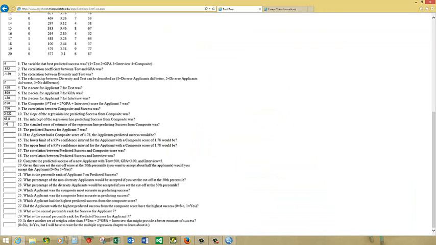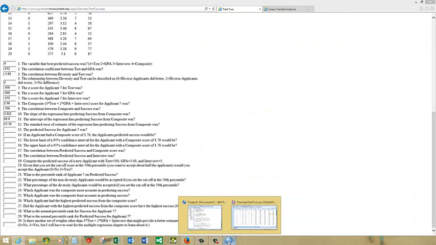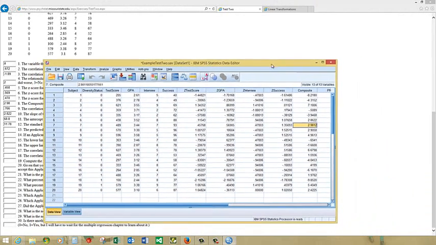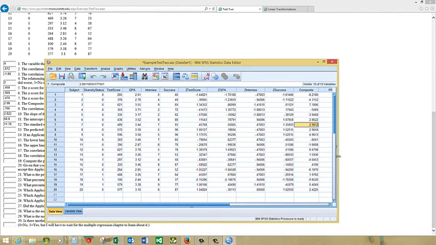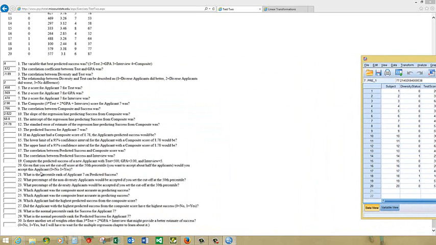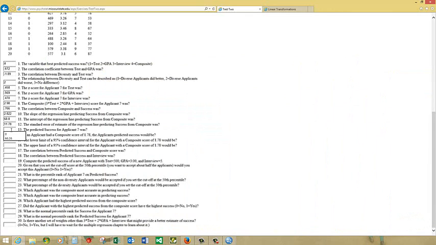We'll just put 11.78. The predicted success for applicant 7 was, okay, pull up our data file again, and because we saved our predicted values in our residuals, that 77.21. We just looked at our data.